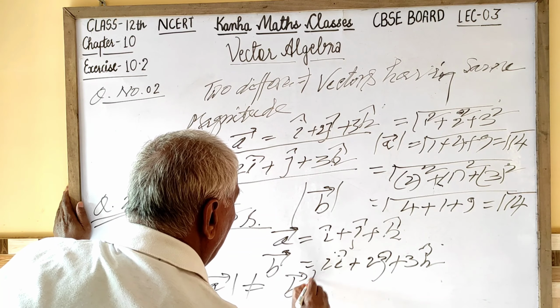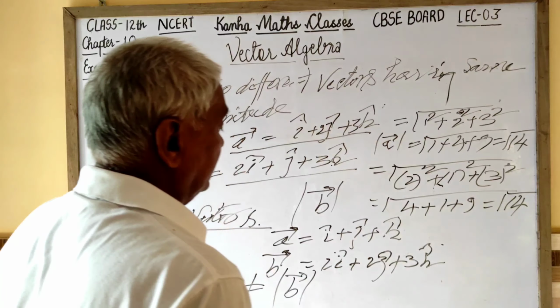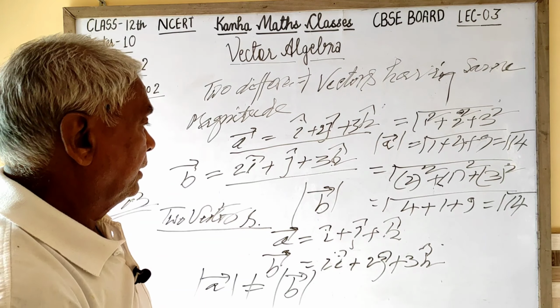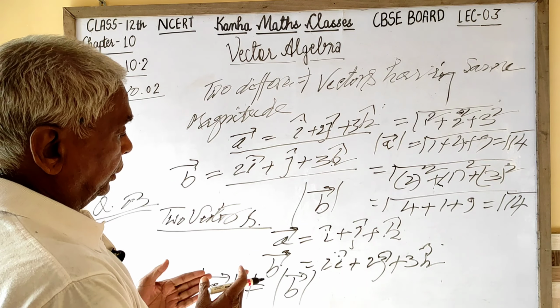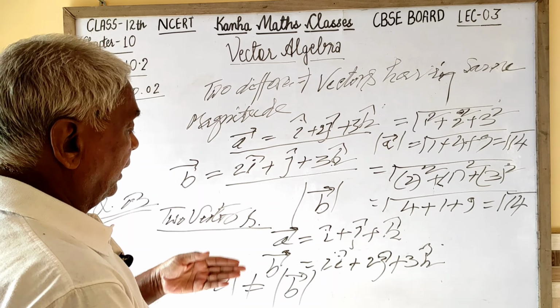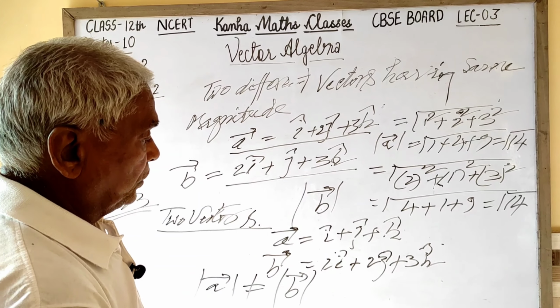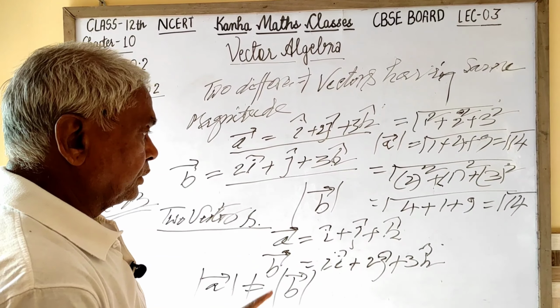This is the requisite answer: we have written two vectors whose direction ratios are the same but magnitudes differ.